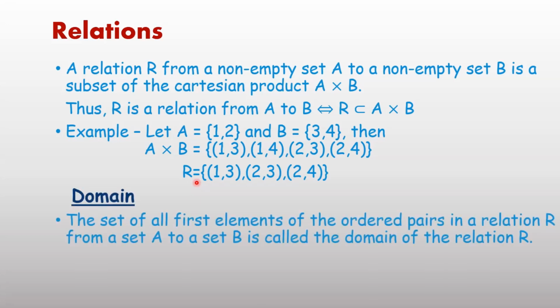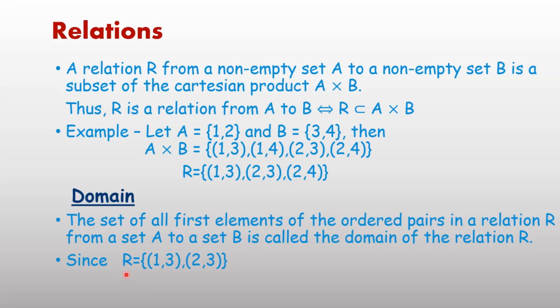Domain of relation. Collection of first components of relation is known as domain of relation. Here R is a subset of A cross B, and collection of first components is 1, 2, 2. Since 2 is repeated 2 times, in case of set you will not write repetition. So you will get domain as {1, 2}.